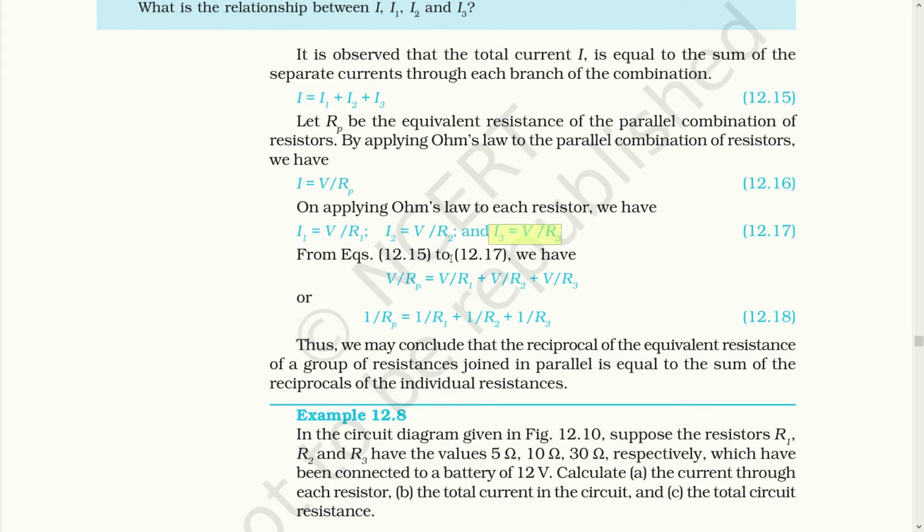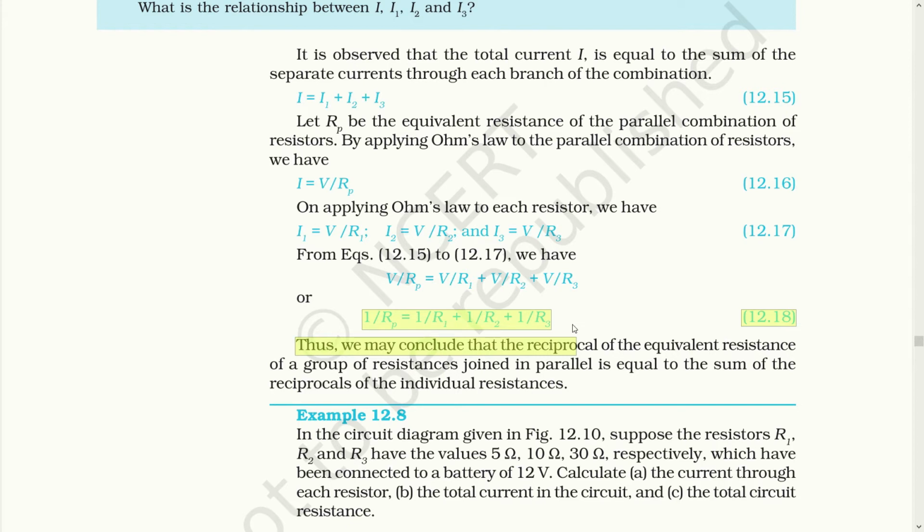From equations 12.15 to 12.17, we have V upon Rp is equal to V upon R1 plus V upon R2 plus V upon R3. That means the voltage will remain constant and the current will be distributed. So voltage will be common and it will be cancelled from the left hand side, and we will be left with the equation 1 upon Rp is equal to 1 upon R1 plus 1 upon R2 plus 1 upon R3.